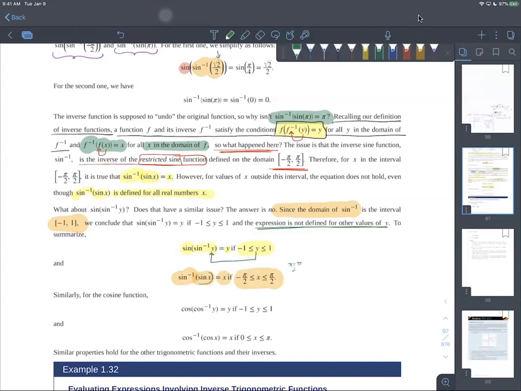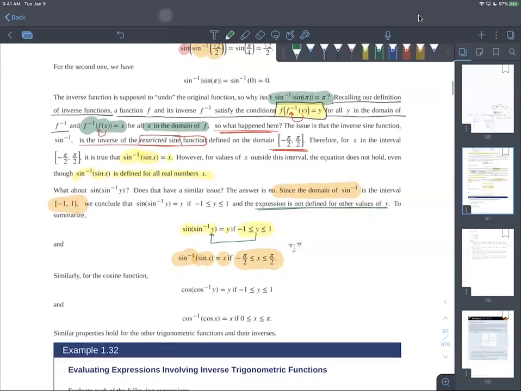Well, the sine of pi can still be computed because technically we can use just the regular sine function and evaluate that, but it's no longer on the restricted domain, and therefore the sine inverse function is not going to necessarily undo what the sine function did.